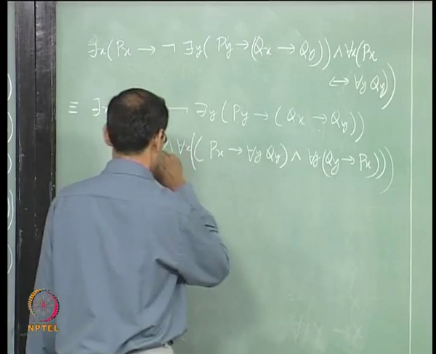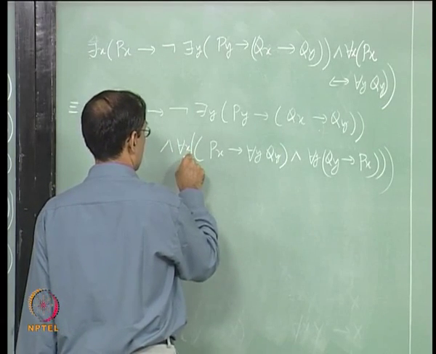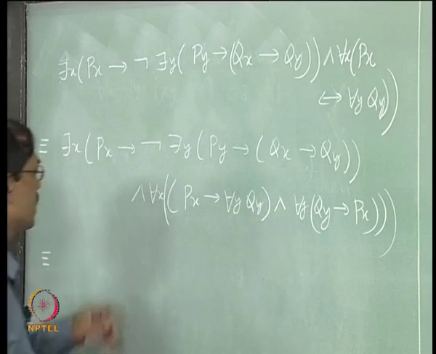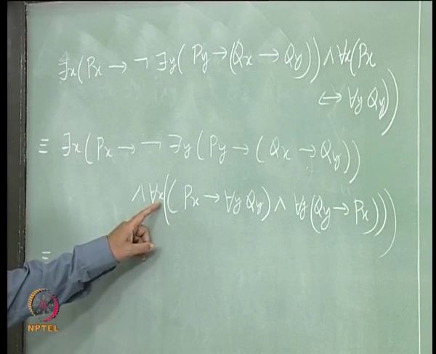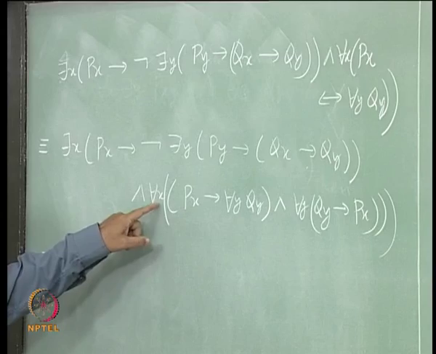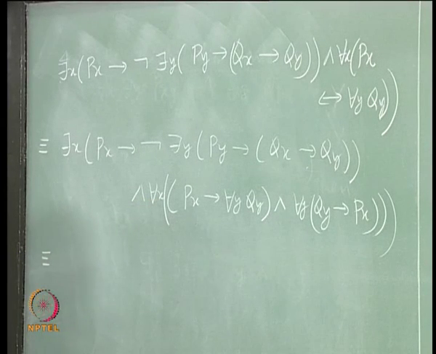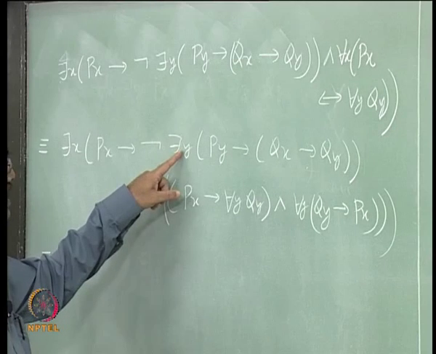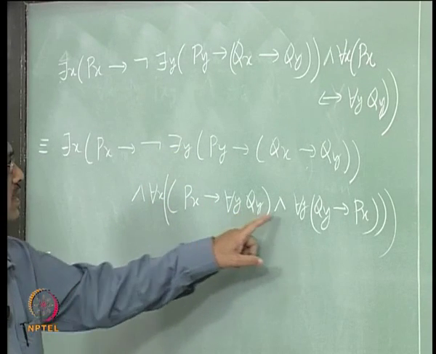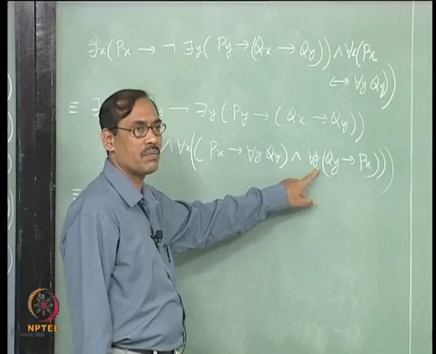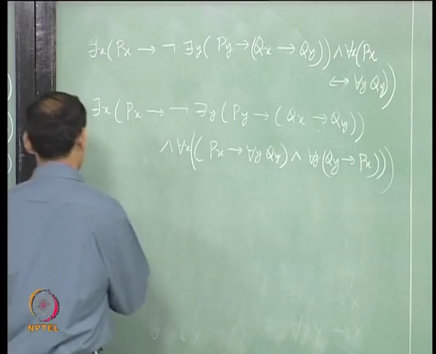So, there are two quantifiers using the same variable x, this has to be renamed. Next, here is one quantifier, there exists y, here is also for each y, here is also for each y, they have to be renamed, right. So, let us rename them.